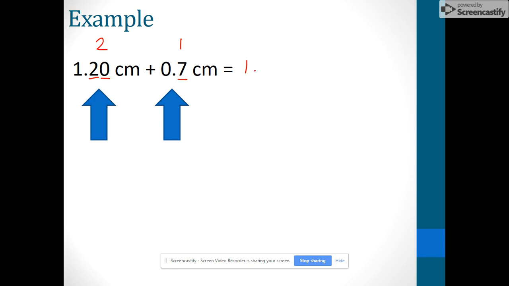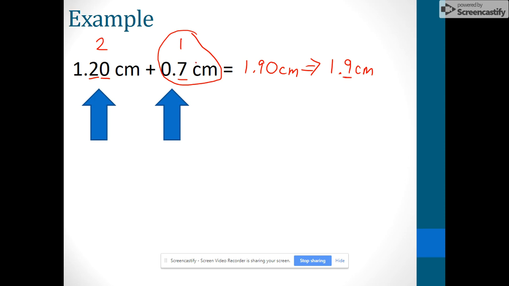That will give us 1.90 centimeters. But if we think back to our rules, it says we have to round our final answer according to the number that has the fewest digits after the decimal point, and that will be 0.7 that has one. So we need to round our answer to 1.9 centimeters so that we only have one number after the decimal.